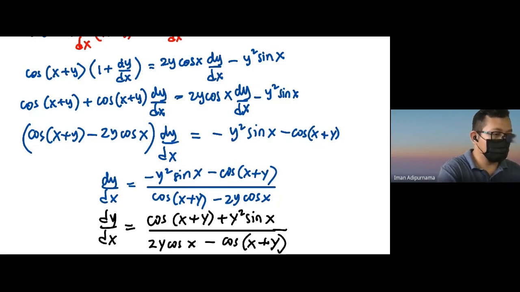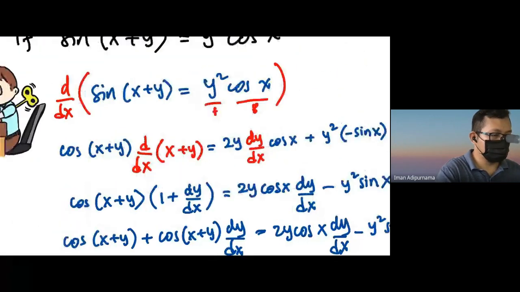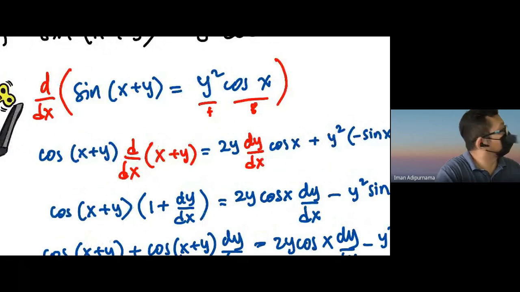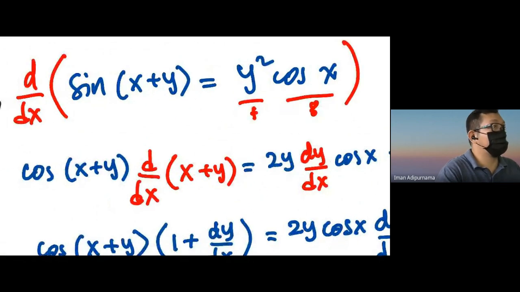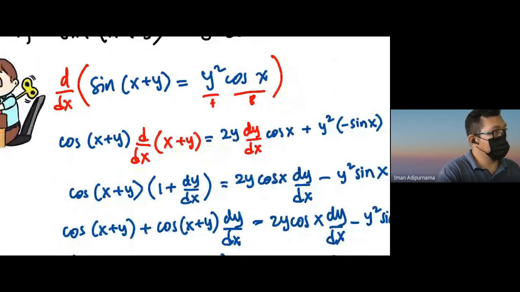Like this one, first we see that it's implicit because it has y, and it also has the product rule, and of course the chain rule. So it has three rules inside, and you need to check one by one, getting all the process together.